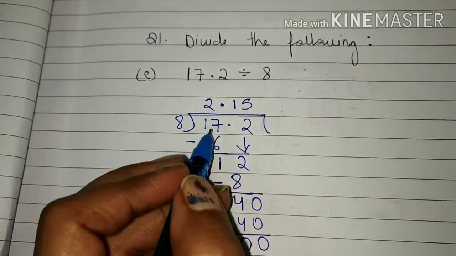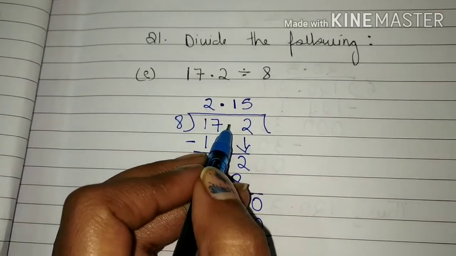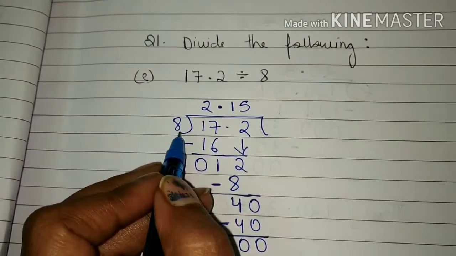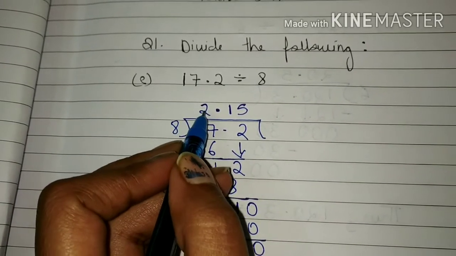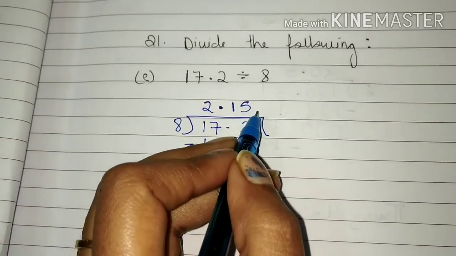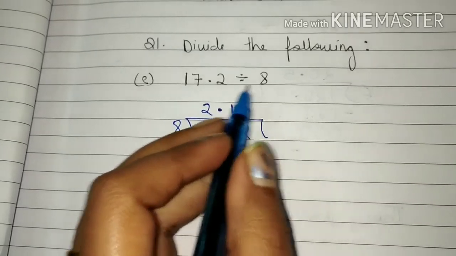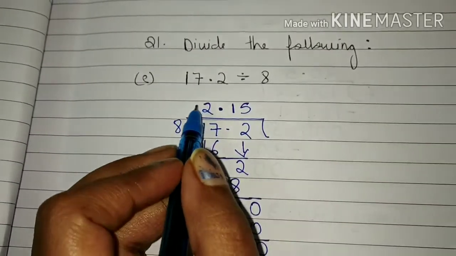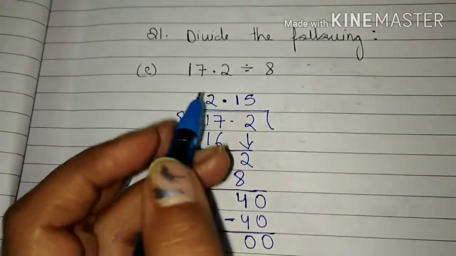Now students, when you divide 17.2 by 8, it gives you 2.15 as quotient. Students, 2.15, this is your answer.